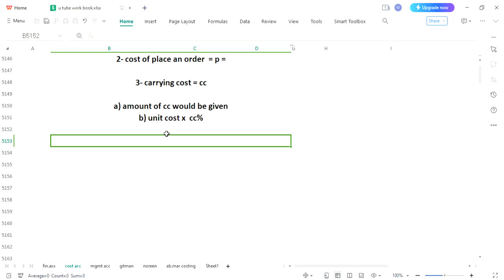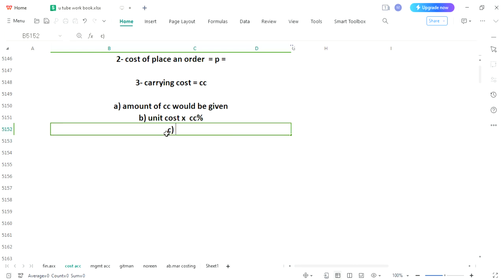The third aspect is you may have storage cost, or you may have interest, and you may have carrying cost itself as well.